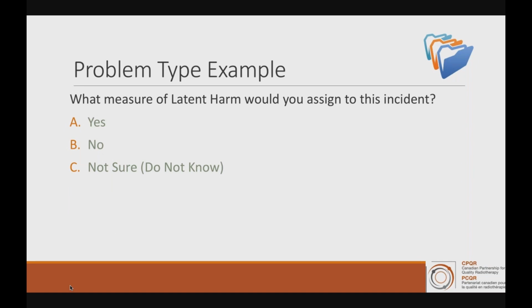What measure of latent harm would you assign to this incident? Is there latent harm? Yes or no, or not sure, do not know. For this one, I put not sure, do not know, because I'm not a radiation oncologist, but there was also not a lot of information in that.